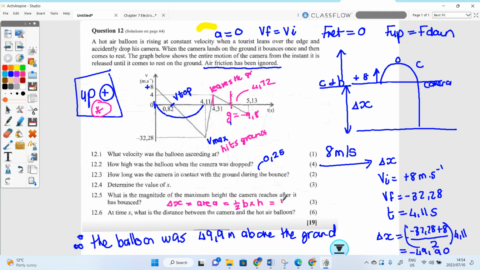And that's going to be half the base there, 0.41, times by the height, which is 4, and that gives you your area. 0.82 meters. It's 0.82.